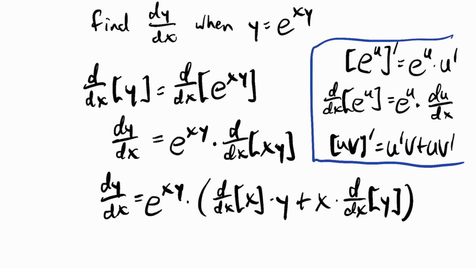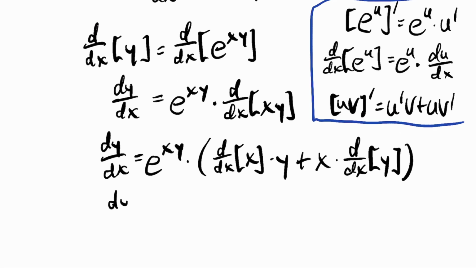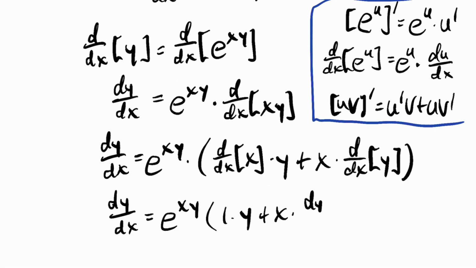Okay, so I've got dy dx equals e to the xy power times, well, the derivative of x is 1, right? And the derivative of y is dy dx, so I'll write it out that way. So 1 times y plus x times dy dx.